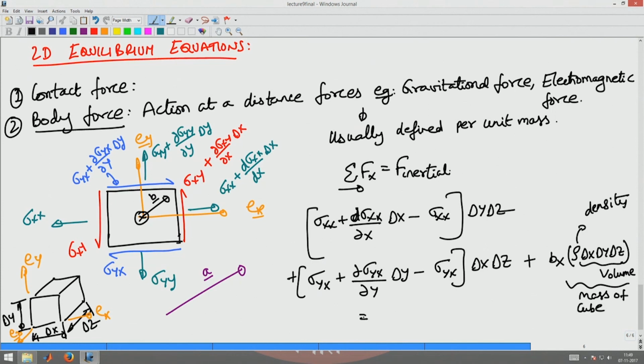Okay. This should be equal to the inertial force that is applied on the body. So the inertial force would be the mass times the component of acceleration along the x direction, which I denoted by Ax, times the mass, which by the same argument will be rho times delta x delta y delta z. Okay.